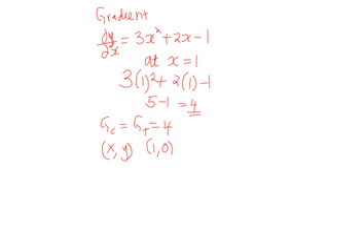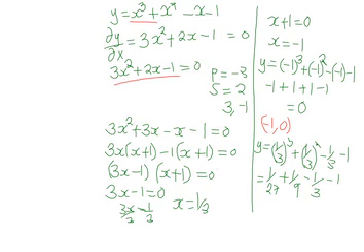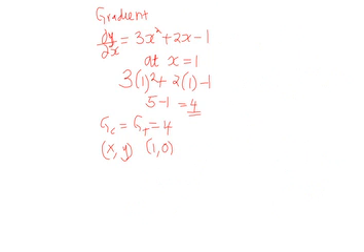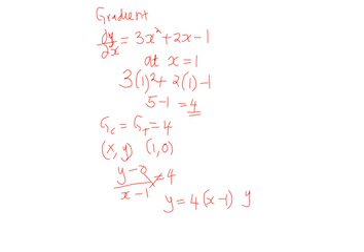You replace in the original equation: 1 cubed plus 1 squared minus 1 minus 1, and that will give you 0. So now our equation will be y minus 0 divided by x minus 1 equals 4. We cross multiply, we have y equals 4 multiplied by x minus 1. So y equals 4x minus 4. That is the equation of the tangent.